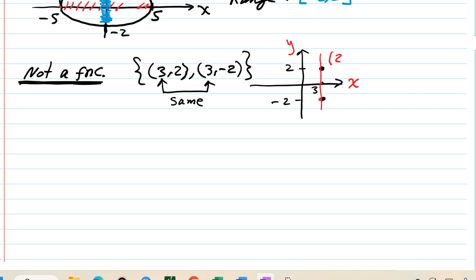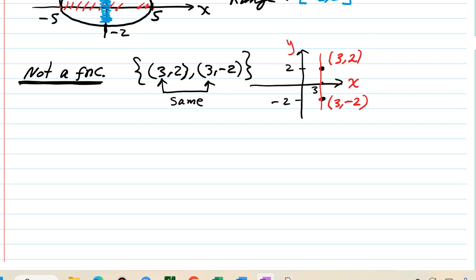Remember, the coordinates of this point are (3, 2), and the coordinates of the point below it are (3, -2). So a vertical line drawn through these will go through both points, and you can see now the first components are the same, right?